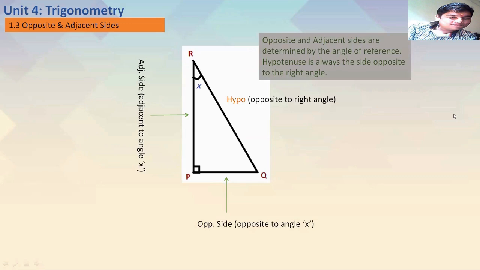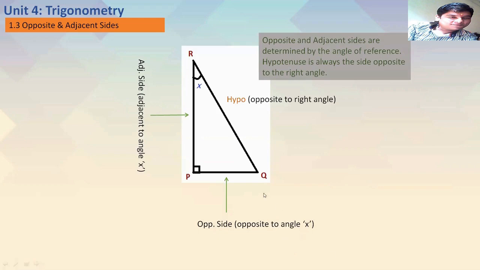Opposite to 90 degrees will be hypotenuse. Yes, opposite to X will be the opposite side. Which one is it in the figure? So it's PQ. PQ, fantastic. And the side which is adjacent, next to X, would be known as adjacent.